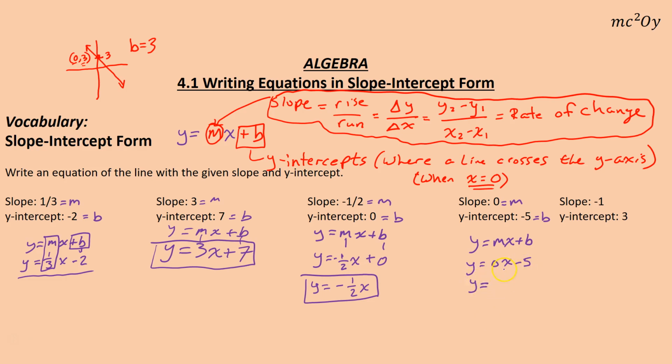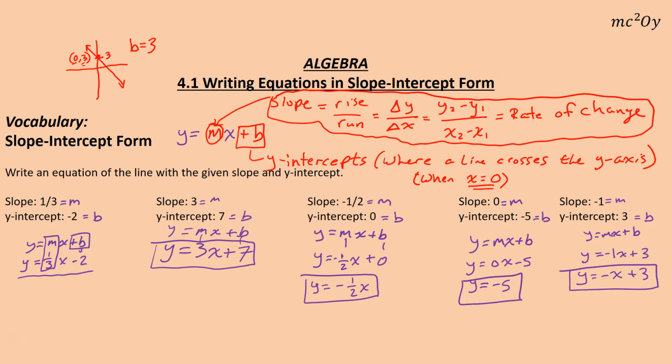So y equals -5. Okay. And the last one, y equals mx plus b. There's m. There's b. y equals -1x plus 3. Well, -1x, we usually don't show a 1 when we're multiplying, so we would just write it as -x plus 3.